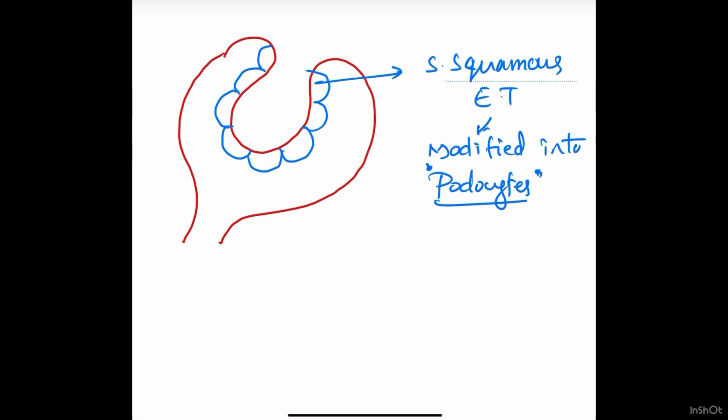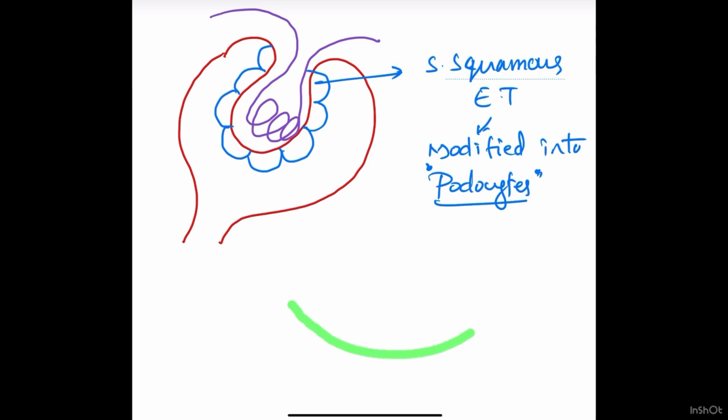Now in this region you have to remember there will be capillaries also, like this. This is glomerulus, right? Now you see, the same structure I am going to draw. This is Bowman's capsule visceral layer, and this is the blood vessels layer, I mean the glomerulus layer.